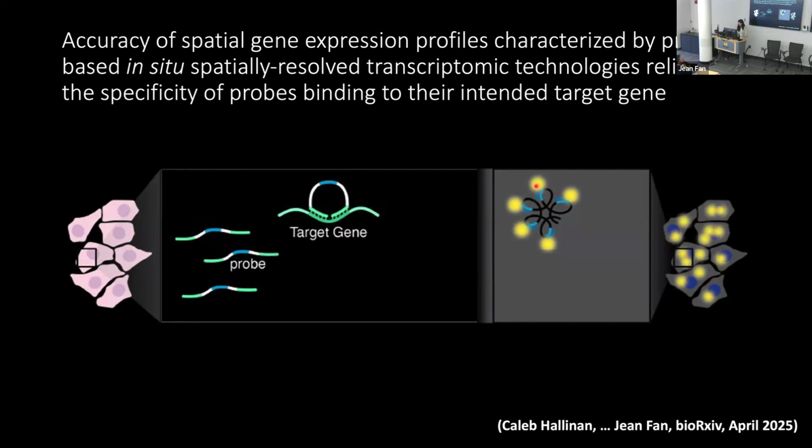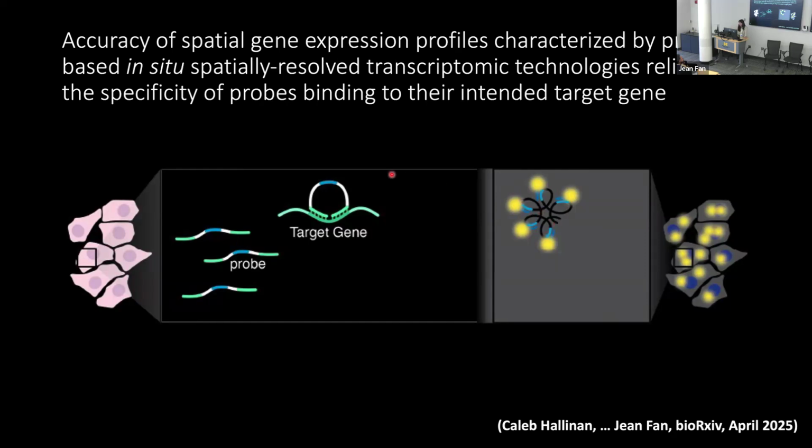The readout probe has a fluorescent tag. So these fluorescently labeled decoder probes can hybridize to the RCA product. And then that's what allows us to take a picture and we can see a really bright spot. And through many rounds of imaging, we can decode the optical signature that corresponds to a particular target gene. And that's how we're able to achieve high degrees of multiplexing to be able to detect hundreds of genes simultaneously.